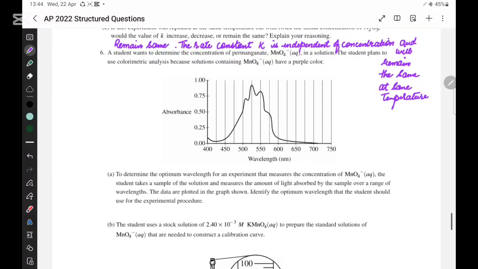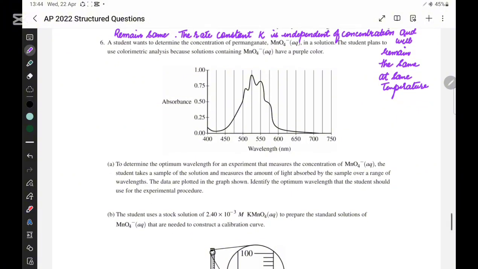The next question: a student wants to determine the concentration of permanganate in a solution. The student plans to use colorimetric analysis using a solution containing MnO4-, which has a purple color. To determine the optimum wavelength for the experiment that measures the concentration of MnO4-, the student takes a sample of solution and measures the amount of light absorbed by the sample over a range of wavelengths.